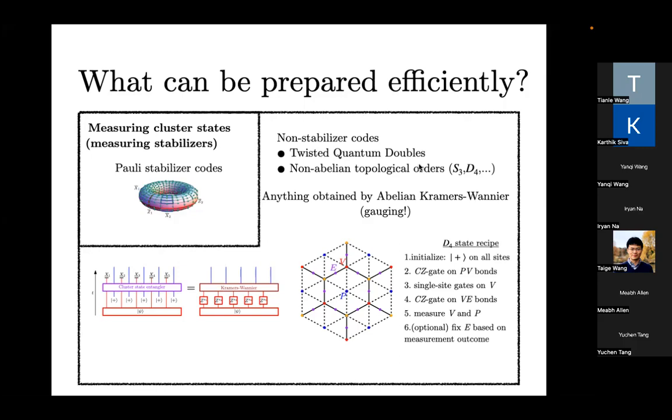And the main theme I'm going to talk about today is that anything that is related by gauging an abelian symmetry or applying Kramers-Wannier duality for an abelian symmetry can effectively be obtained easily using finite depth circuits and measurements. And once we realize this, the possibilities just explode. And then I'm going to talk about how all of these can be realized in experiments also.